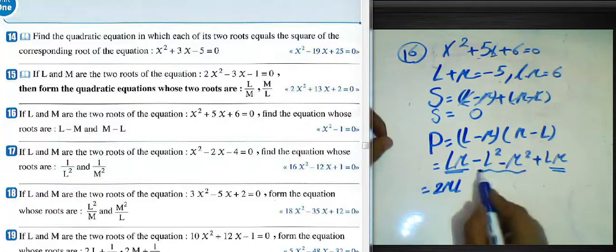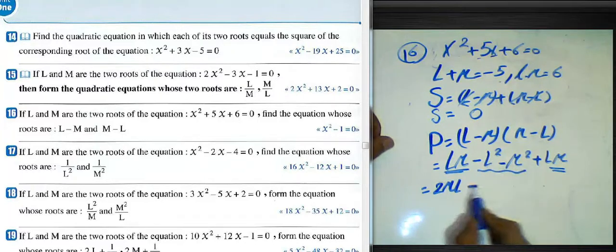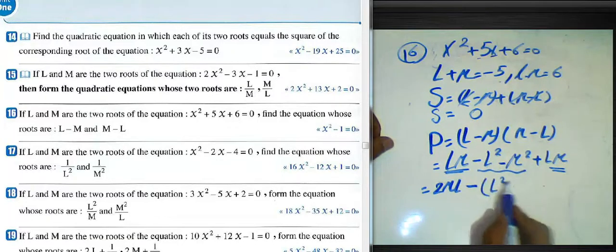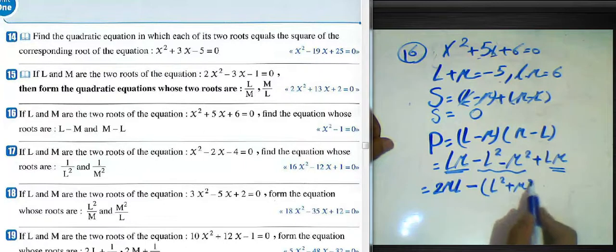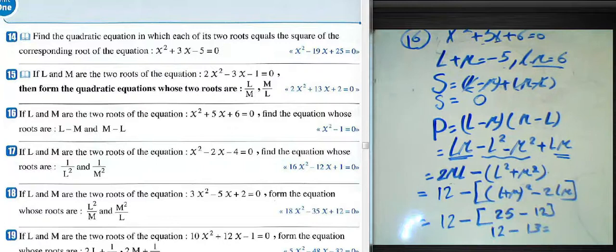And this expression, negative L power 2, negative M power 2, we can write negative L power 2 plus M power 2. Okay, we know L multiply M equals 6. The product will be 12 minus 13 equal negative 1.